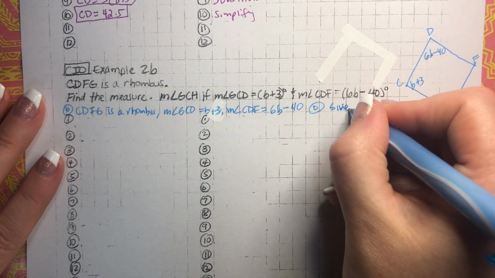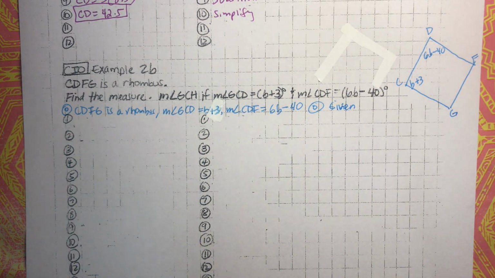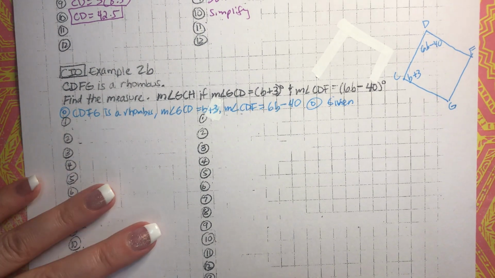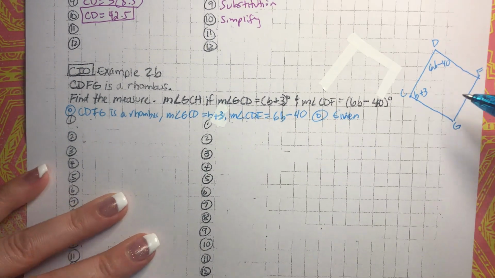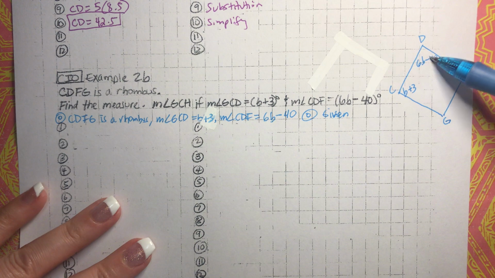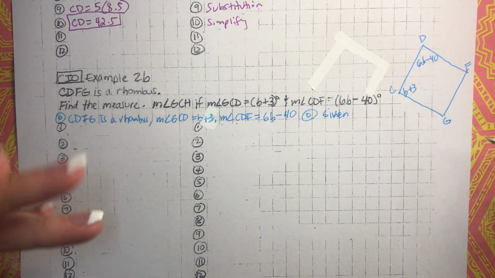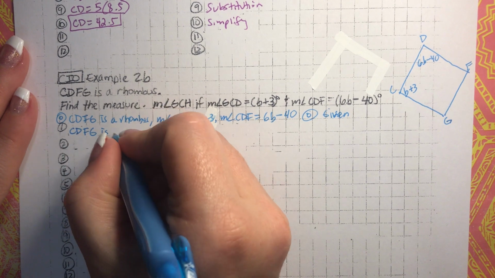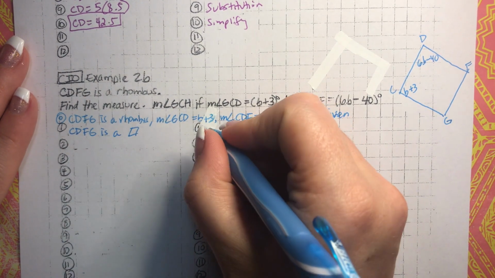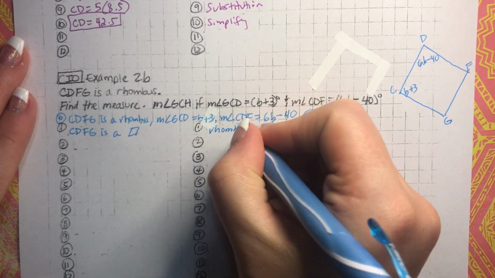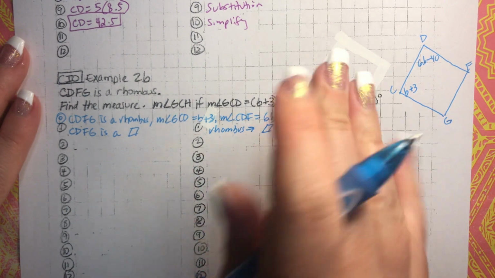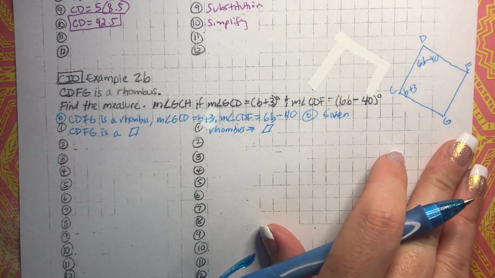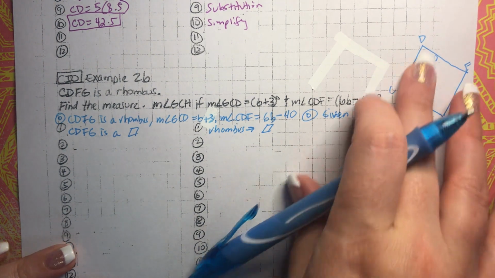All right, so it's a rhombus. Since I want to use that parallelogram information, I think I need to state that this is a parallelogram. So I'm going to say that CDFG is a parallelogram, because if it is a rhombus, then it is a parallelogram, right? And now I can say that these are supplementary.